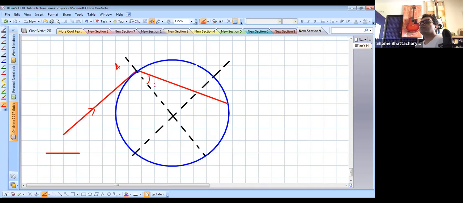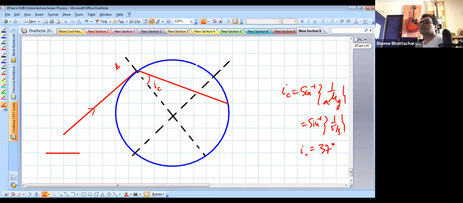So this is going to be the critical angle. This critical angle is going to be sine inverse of 1 upon the refractive index of glass with respect to air. So it's going to be sine inverse of 1 upon 5 by 3, so sine inverse 3 by 5. So it's 37 degrees.